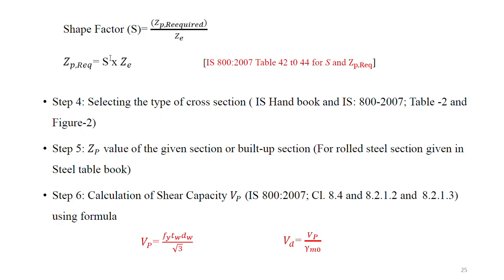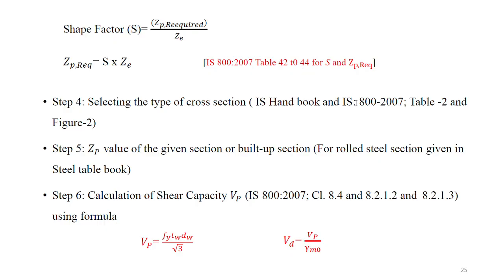After taking that 1.1, we have to calculate the ZP required, the plastic section modulus required for the beam section. How do we calculate? Shape factor into ZE will give the plastic section modulus required. This plastic section modulus has been given in IS 800 2007, from Table 42 to 44.